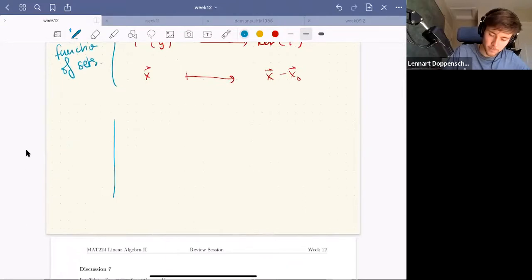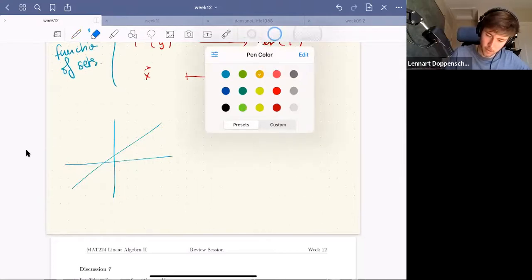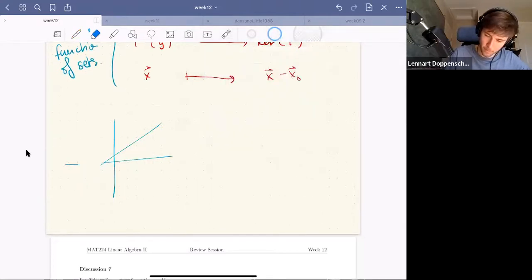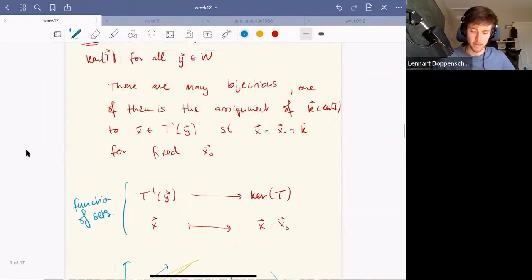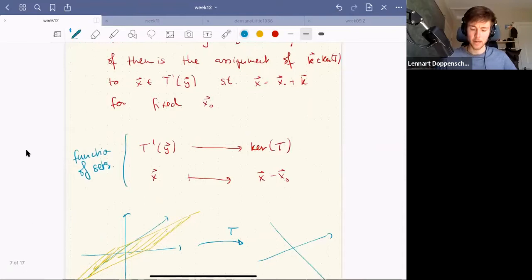Well, the kernel is a subspace. That much we know. So if we think about what really happens here, every vector in this subset is just translated by a fixed vector x0. So you can think of this as a plane, but it doesn't go through the origin.